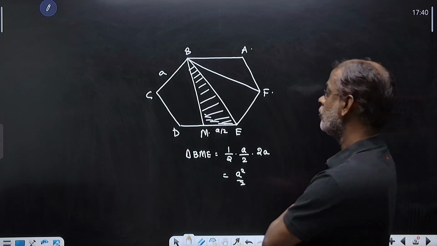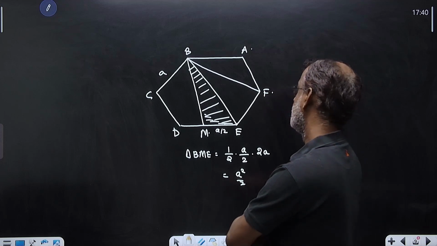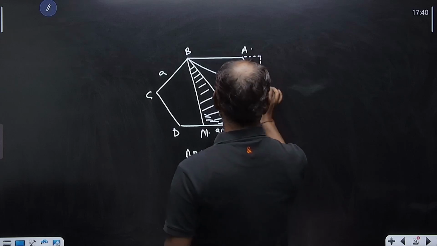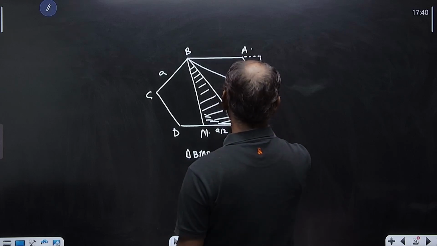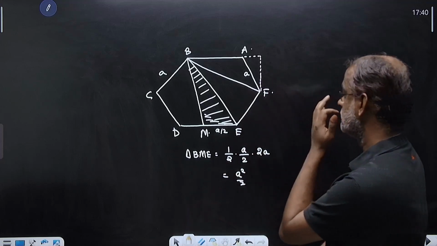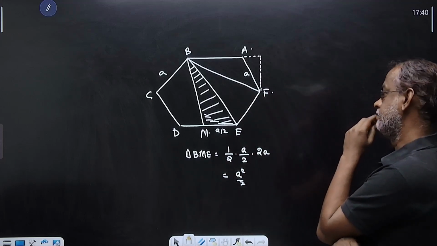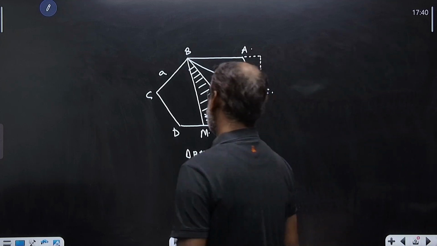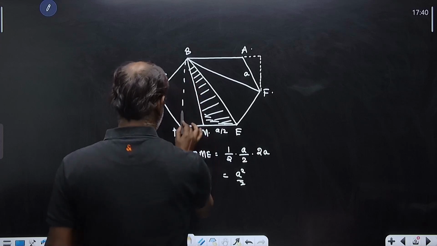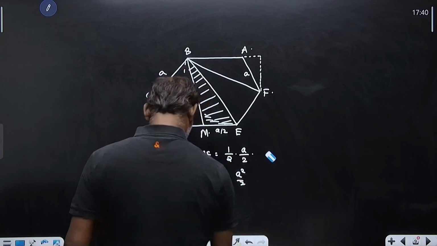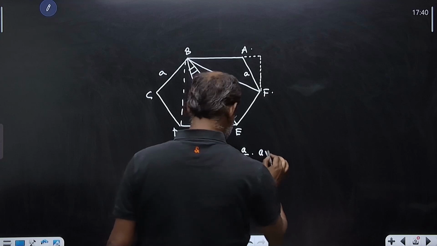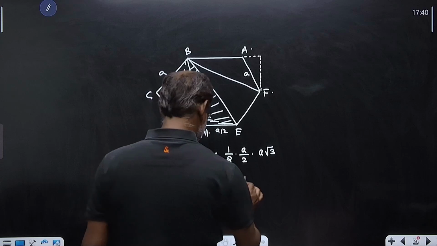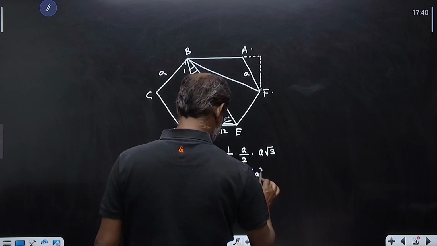ABF, I think that is also going to be... this is A, and I think... no, no, no, this is not 2A, very sorry. Root 3A square by 4.